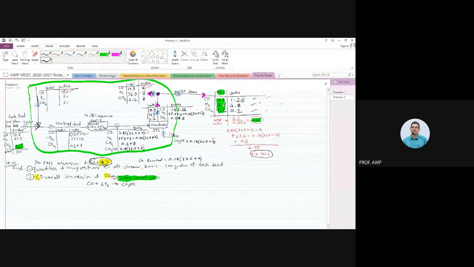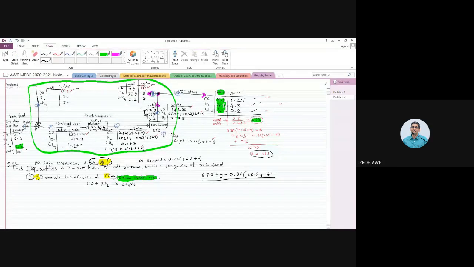Now we will get for H2. The hydrogen and carbon monoxide must be in the proportion 19.9 and 76.9. So take the ratio: 67.3 plus Y minus 0.36 into (32.5 plus X), and X we have already got, X is 141.1.